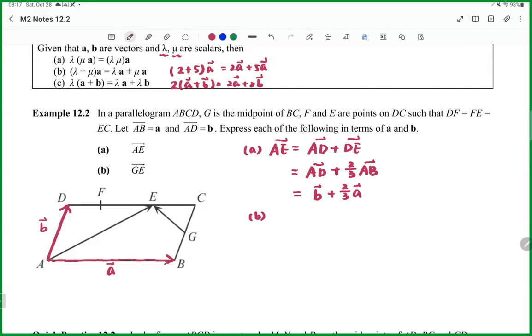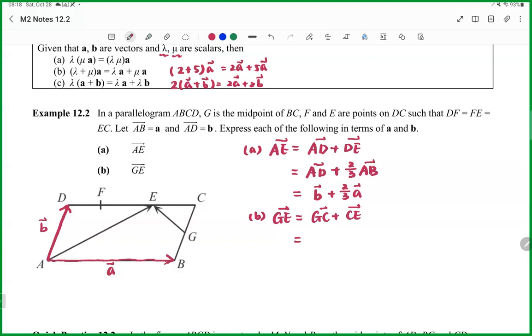Next, G. Noticing that GE equals, now I will try to use GE. GE equals GC plus CE. Looking at this small triangle, GC plus CE.